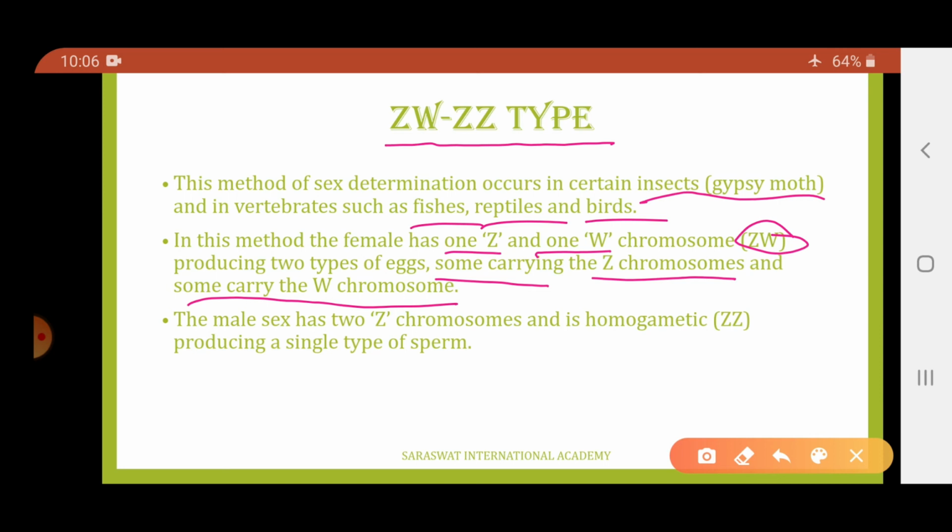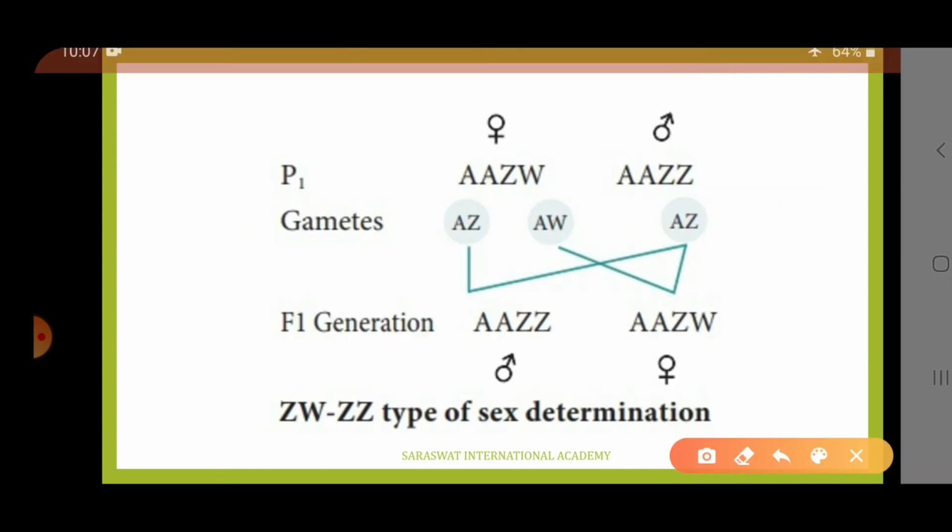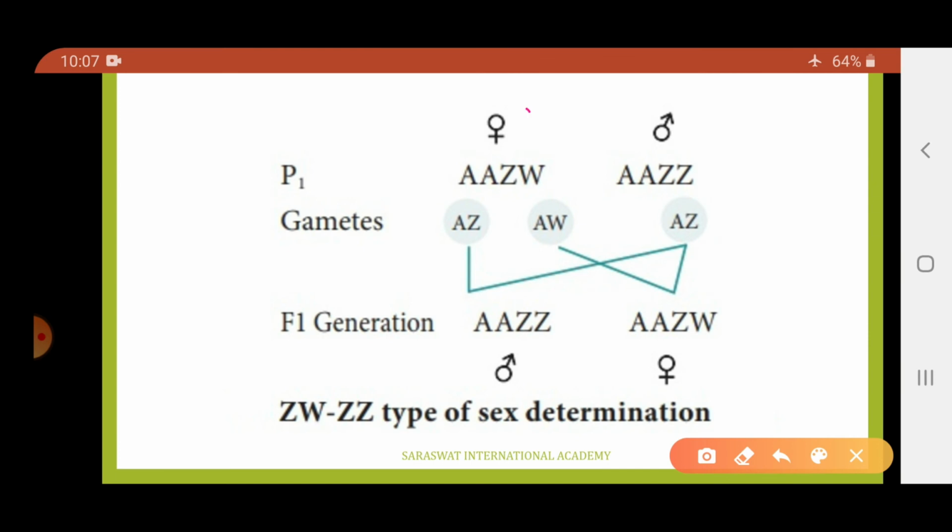Whereas the male contains two Z chromosomes, that is it is homogametic, ZZ. So it produces a single type of sperm and all the sperms will contain what? The Z chromosome. Now the chart we will see. So this is a female with ZW, this is a male with ZZ.